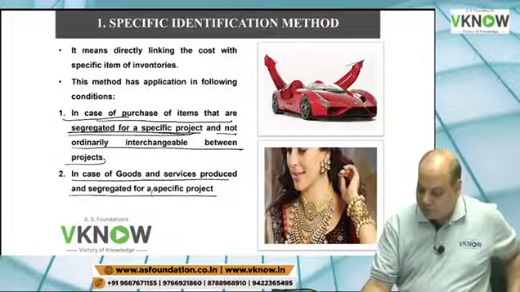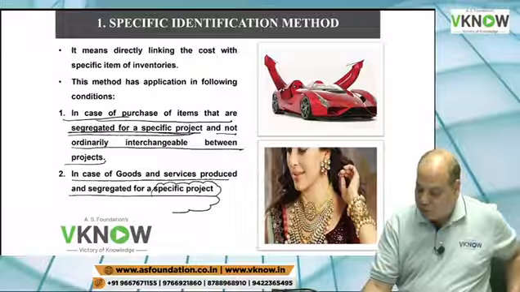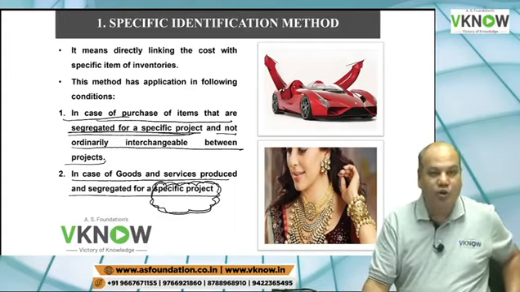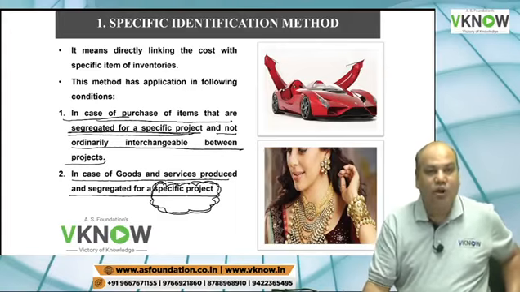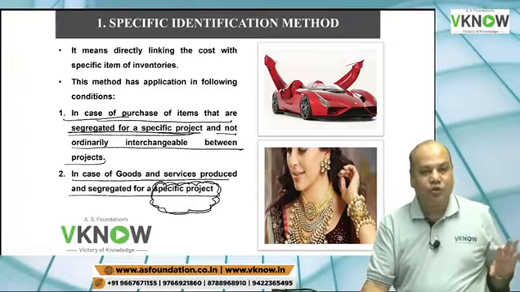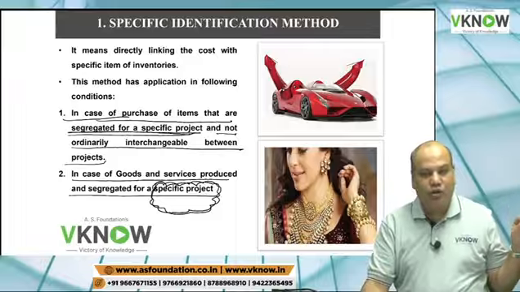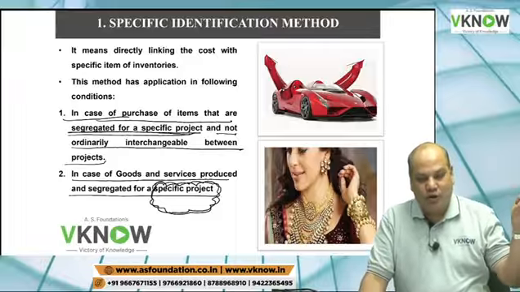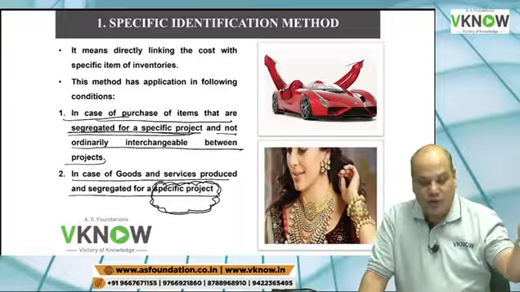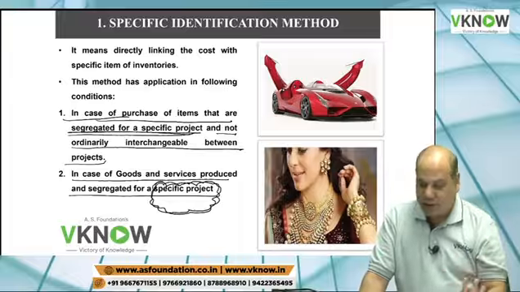So the companies should be able to identify separate cost for each project. If it is possible, then you can apply specific identification method. Then calculation of cost is easy. Whatever cost goes into production or manufacturing of one particular item will be added to that inventory item.